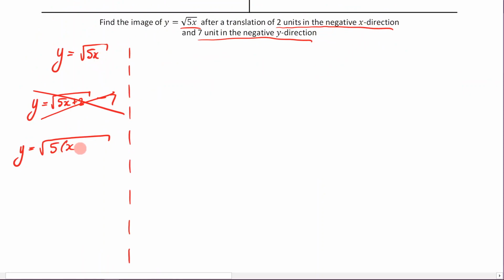That's what I'm replacing it with. And you can see 5 is times by this whole thing, x plus 2. And then on the outside I have my minus 7. And then I could expand this. It's going to be 5x plus 10 minus 7. That would be my answer. So it's very important to realize what's happening here.